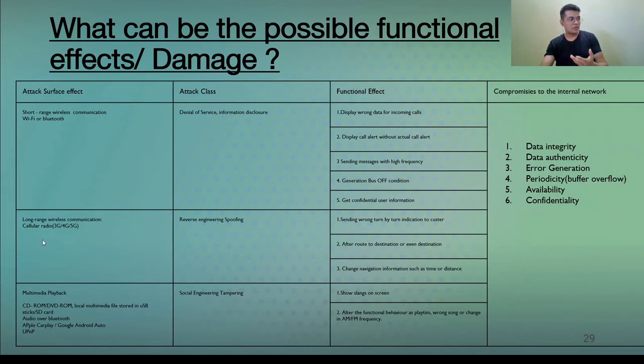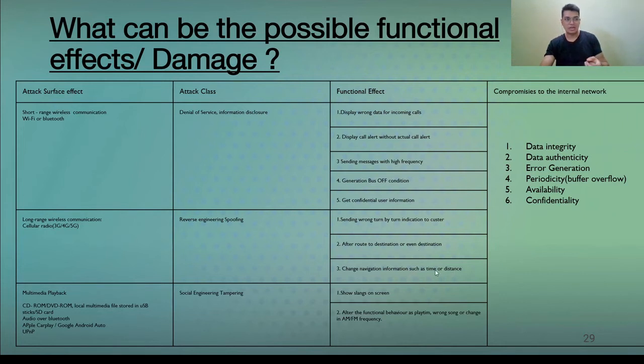If your cellular radio network is compromised by reverse engineering or spoofing, then wrong turn indications could be sent, or the route to the destination, or even the destination itself, could be changed. Then navigation information such as time or distance can be changed.